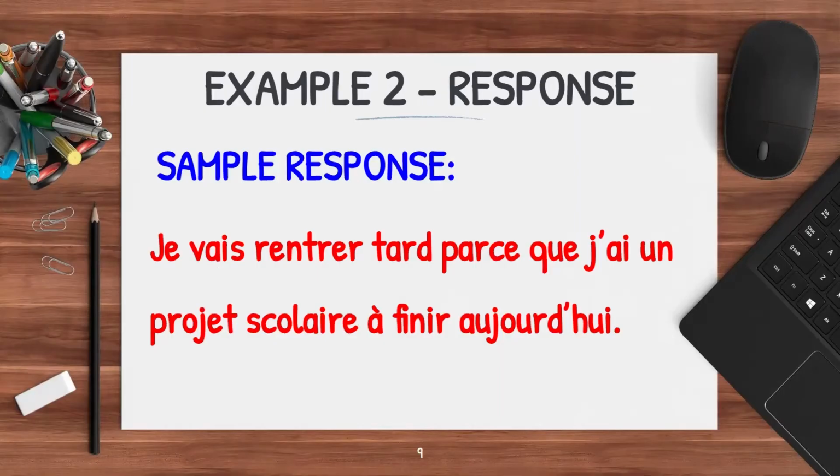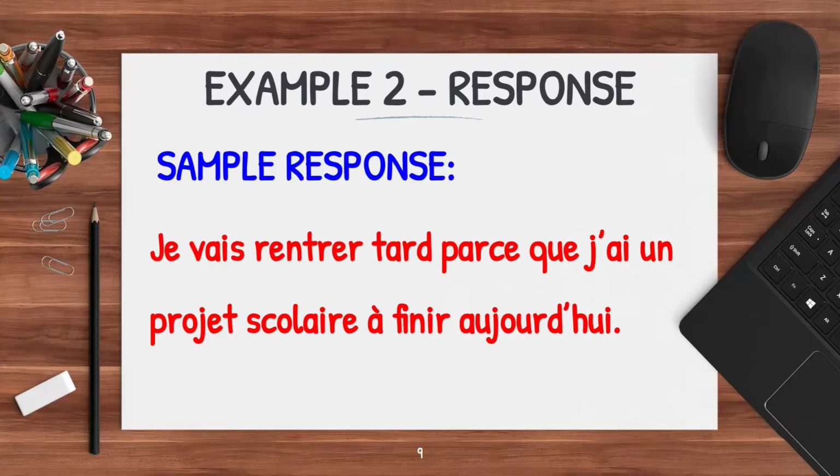Okay, now we have here, je vais rentrer tard parce que j'ai un projet scolaire à finir aujourd'hui. What that says is, I will return home late because I have a school project to finish today.